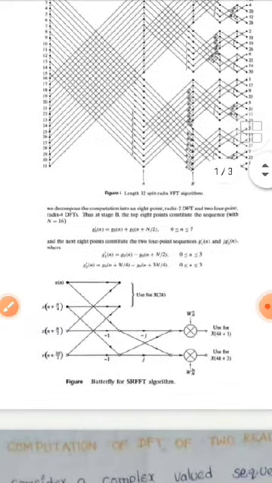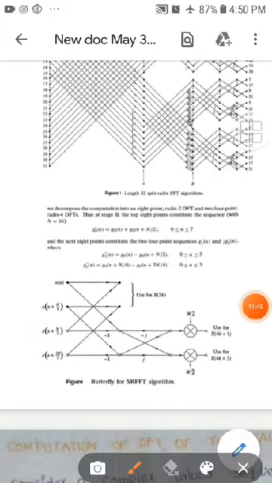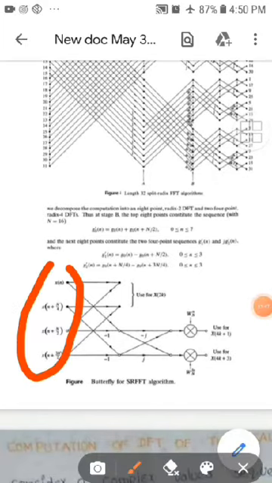See here, in the butterfly for the split radix FFT algorithm, the inputs are x of n, the second sample is x of n plus N by 4, the third sample is x of n plus N by 2, and the fourth sample is x of n plus 3N by 4.